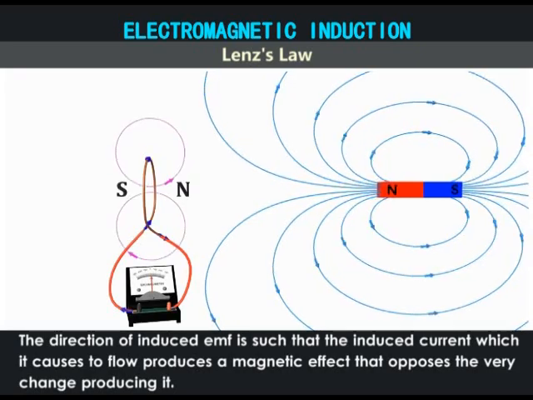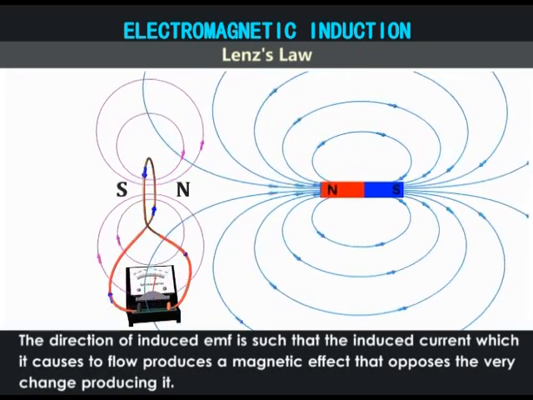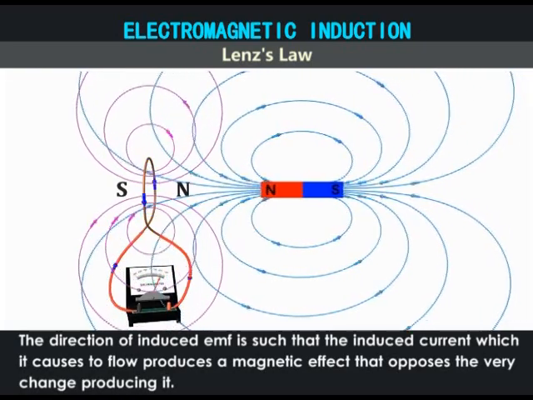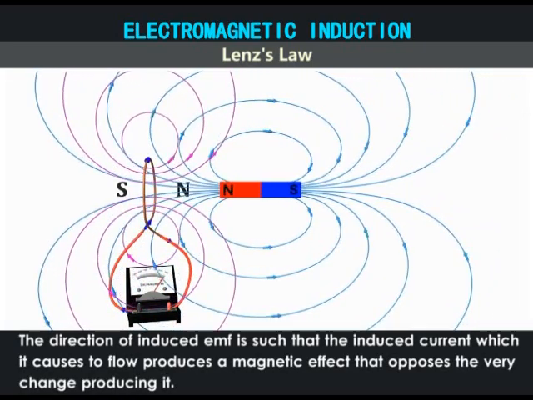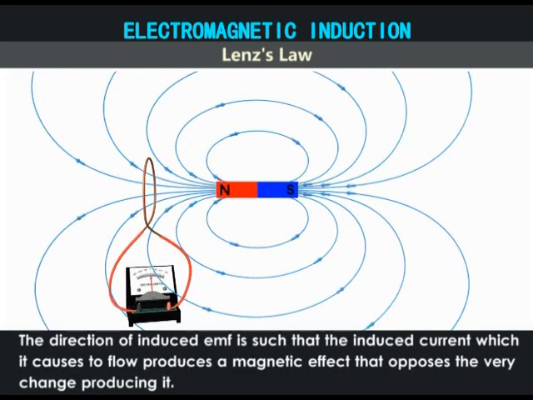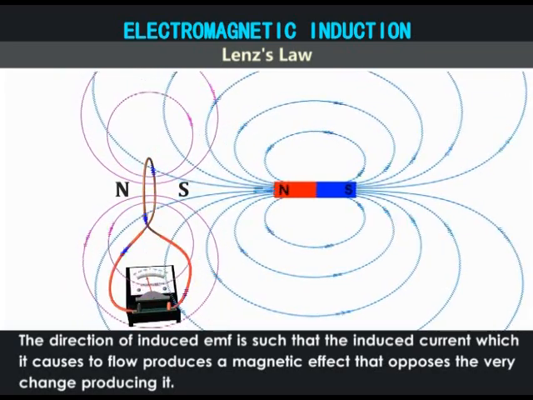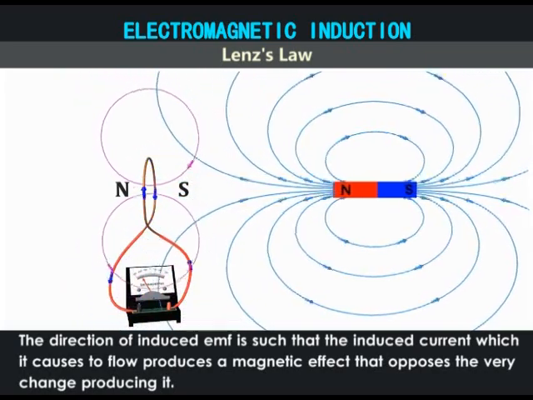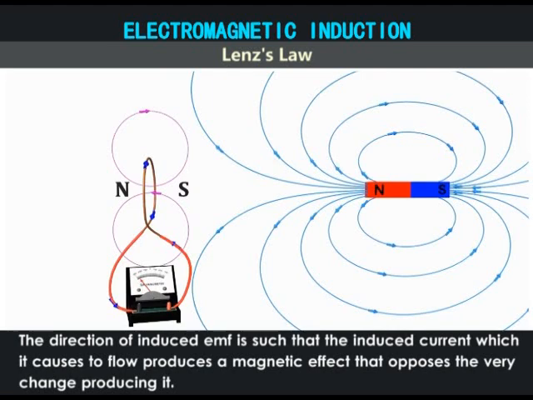So if you are pointing the North Pole, the electromagnet at that end of the coil will be a North Pole so that it opposes that movement. Again, as you pull the magnet away, the polarity at that end changes so as to attract the bar magnet, so that again there is opposition to that move. So if you're pulling away a North Pole, that end of the electromagnet becomes a South Pole so as to attract the North Pole of your magnet.